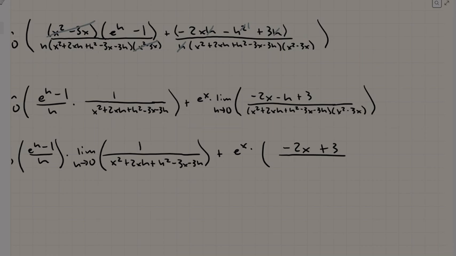now notice when h goes to 0, that goes away, that goes away, that goes away, and they're actually equal. So this would be x squared minus 3x times x squared minus 3x, or x squared minus 3x squared.